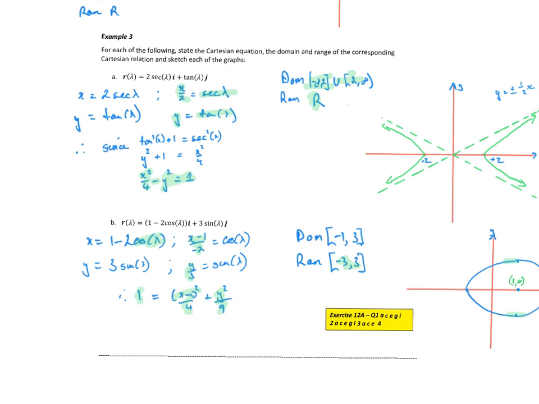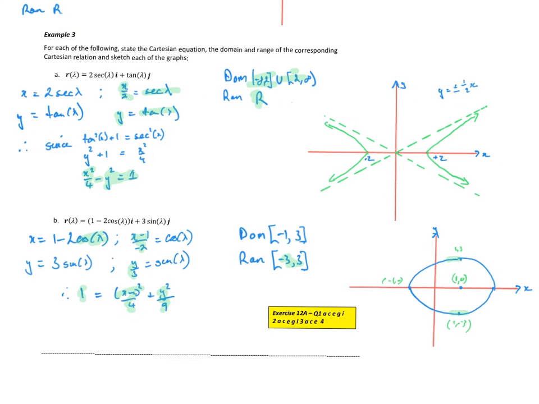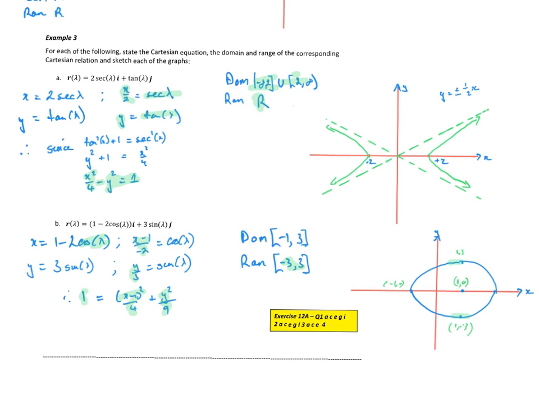So that's the point (1, 3), and (1, negative 3). And we went 2 to the left, so we've got (negative 1, 0). And on the right, we've got (3, 0). So that all corresponds with the domain and range that we've already decided on.